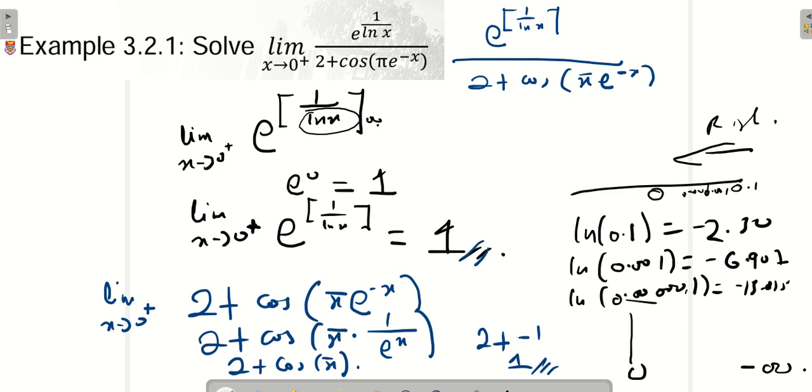The numerator gives me 1. So finally, if I divide through, the answer is going to be 1 over 1, which is 1. So the answer is 1.